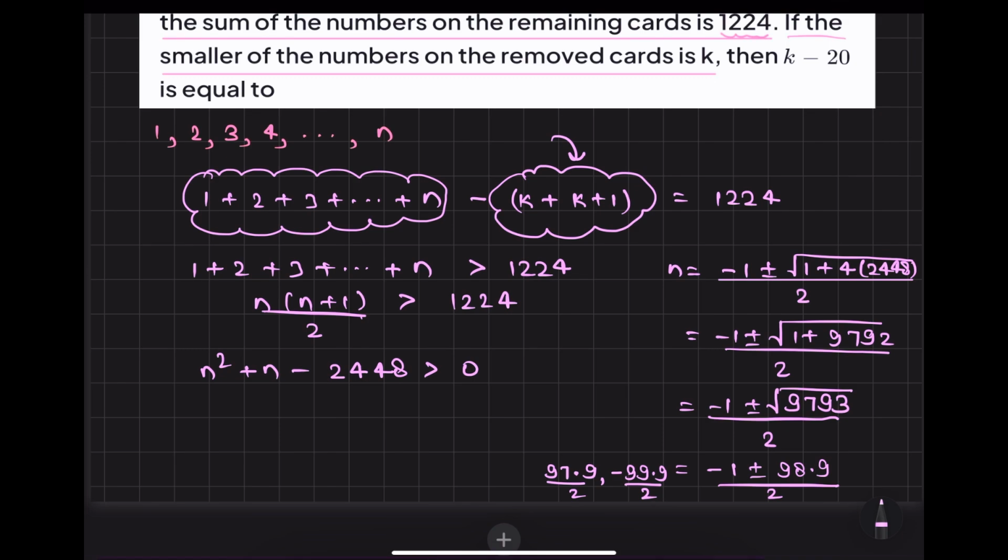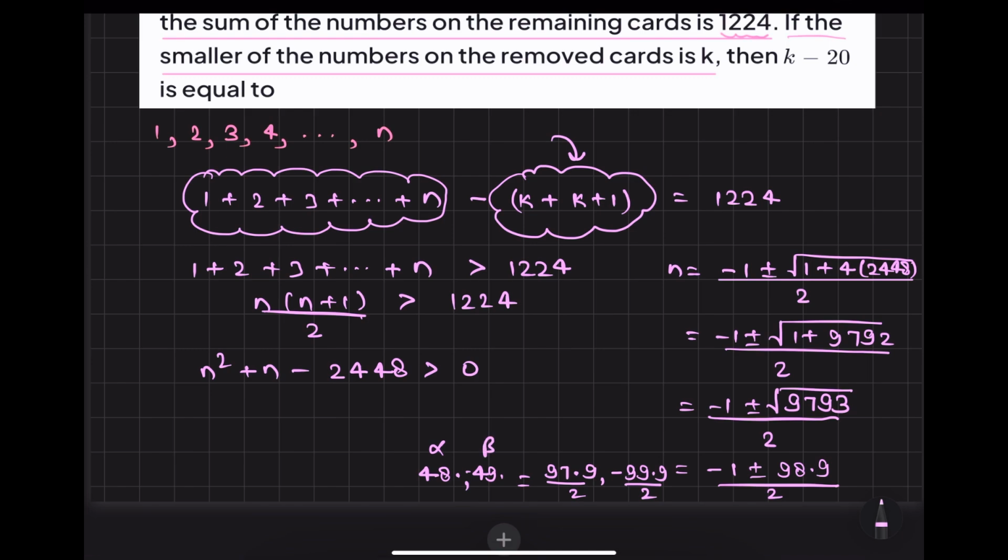Now divide this, so we will be left with 4 2s are 8, 48 point something, and this will become 49 point something, and that too in negative. So suppose that it is alpha, it is beta.